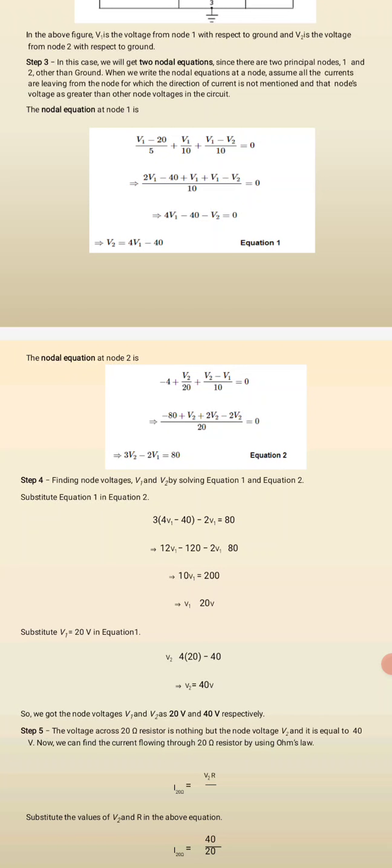For node 1 we can write (V1 - 20)/5 + V1/10 + (V1 - V2)/10 = 0. From this we can reduce the equation: equation 1, V2 = 4V1 - 40.